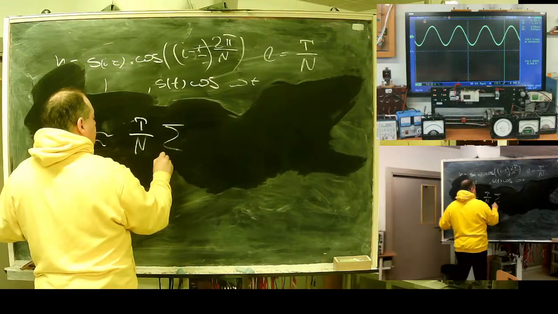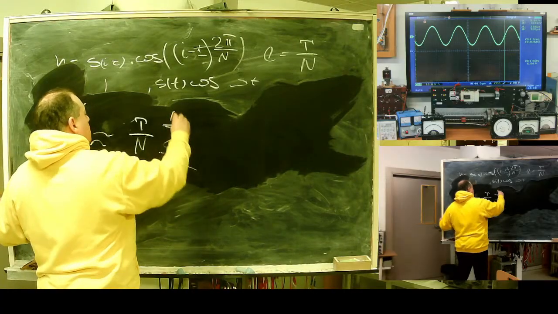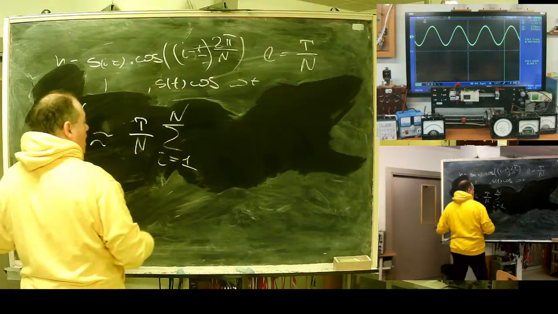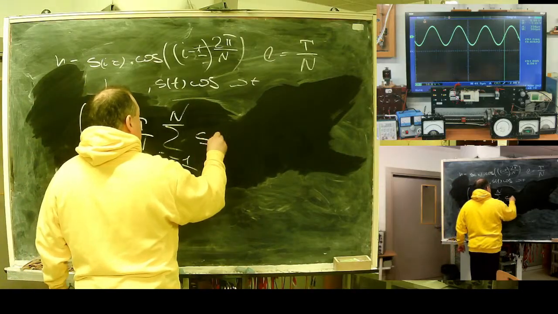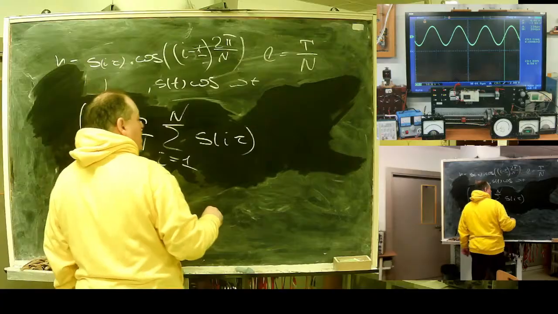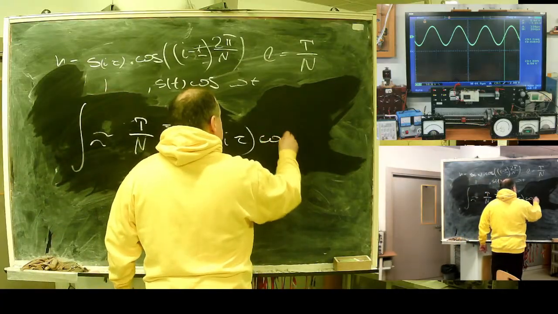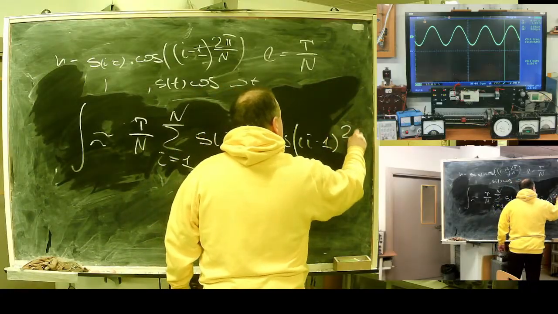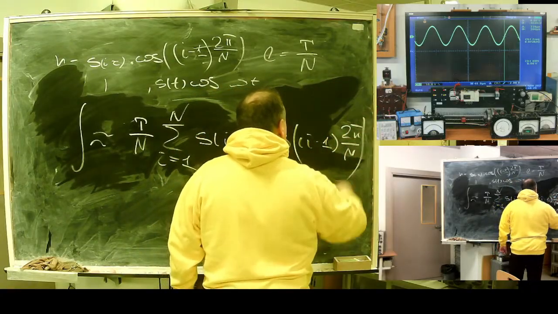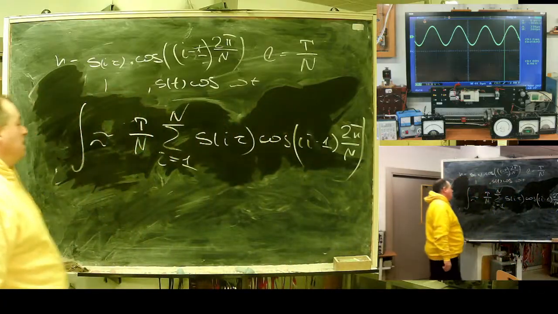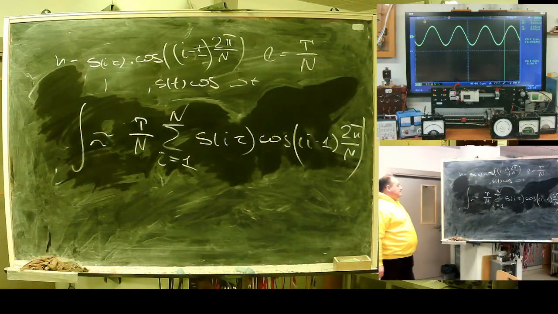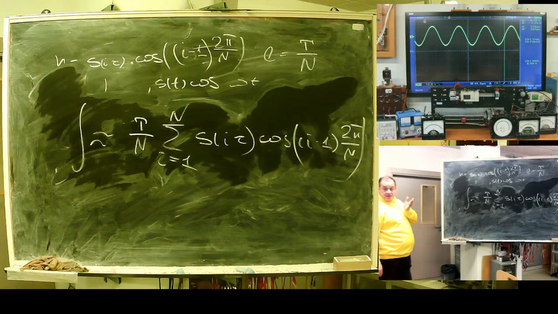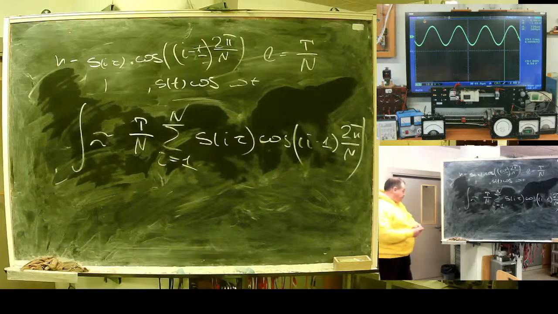Multiplied with the sum, where I starts from 1 to the number of points in the period, of the values of my signal, cosine (I minus 1) double P divided by N. It's clear how I get this. It's just numerical integration.